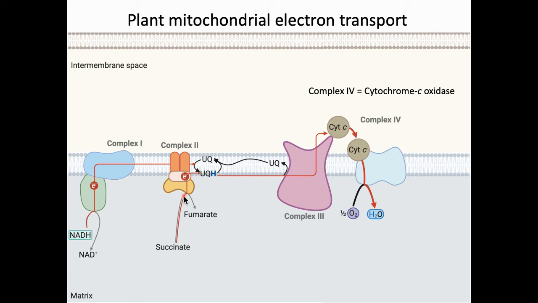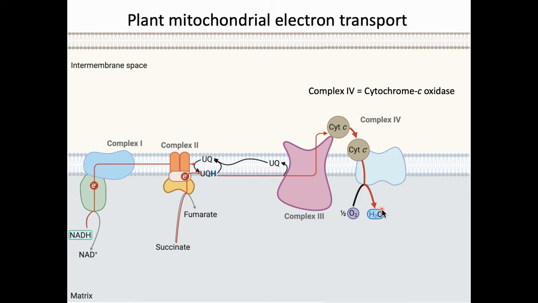But you can see that plastoquinone is quite a center of everything. It receives electrons from both complex 1 and complex 3. And complex 4, the alternative name is cytochrome C oxidase. It means it will oxidize cytochrome C and give electrons to oxygen and produce water.